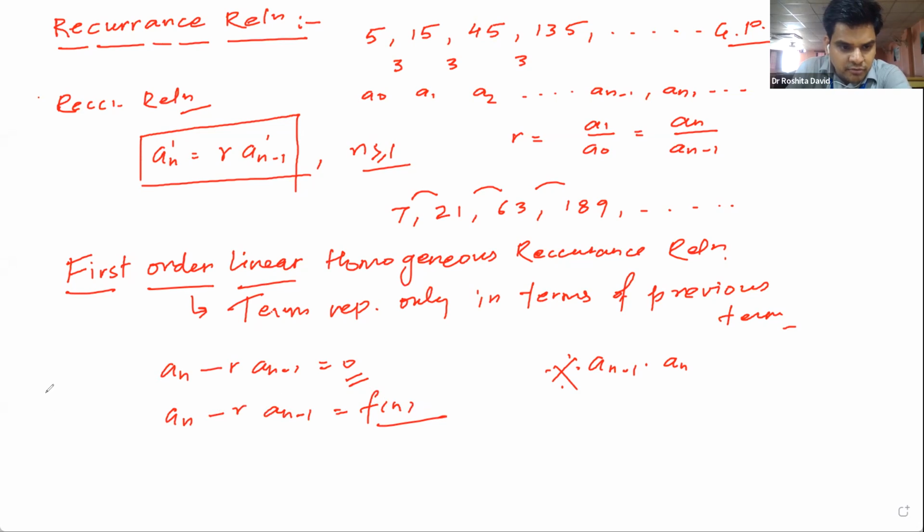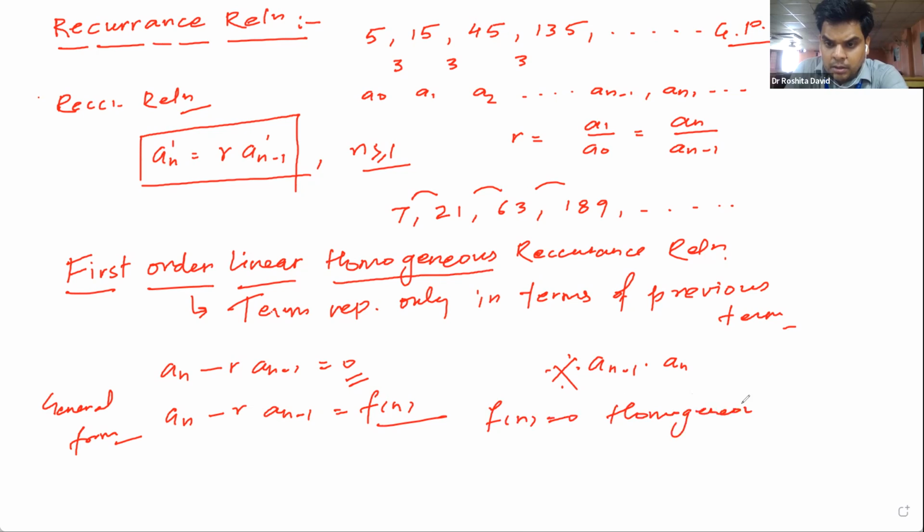Whenever we have f(n) equal to 0, we say the equation is homogeneous. That's why we call this equation a first order linear homogeneous recurrence relation. I hope you got my points.